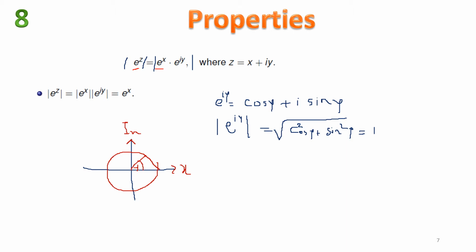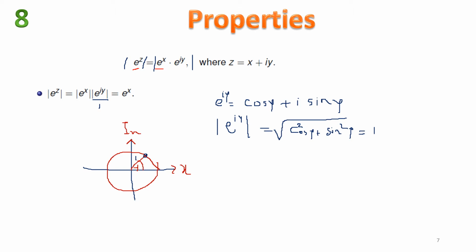So y is the angle made by the position vector of a point. So here that is the point we are defining, which is at unit distance, on the circle of radius 1. That's it. Now this quantity is unity, so we don't have to bother about this.